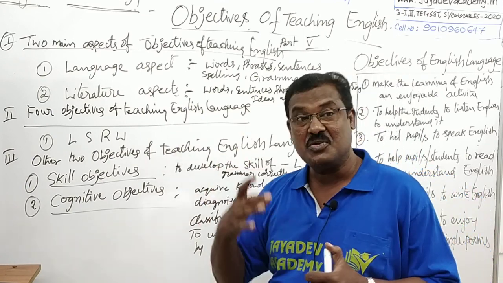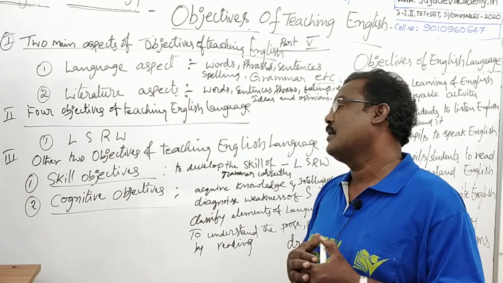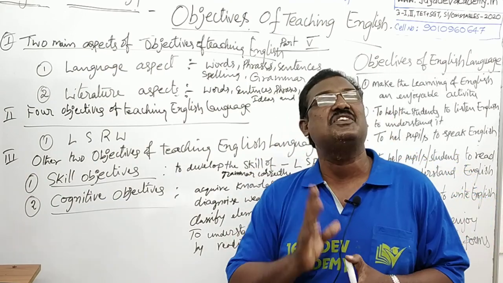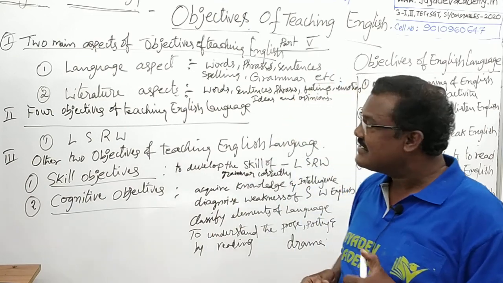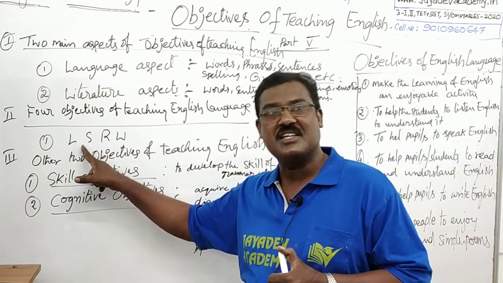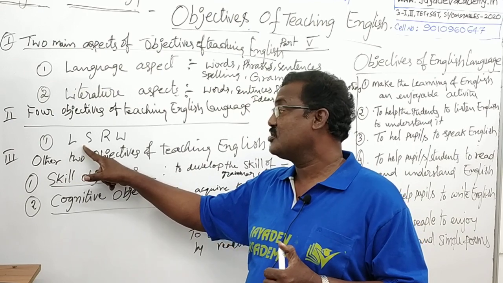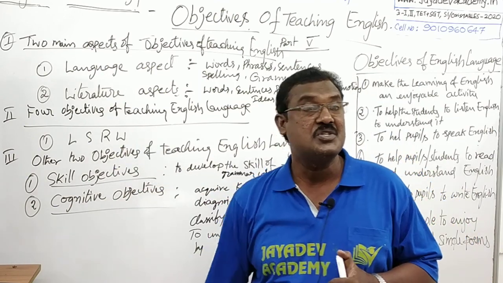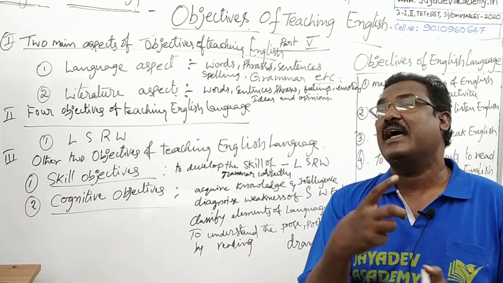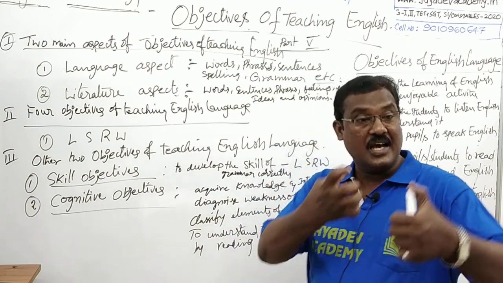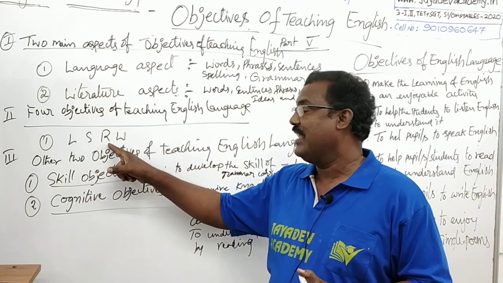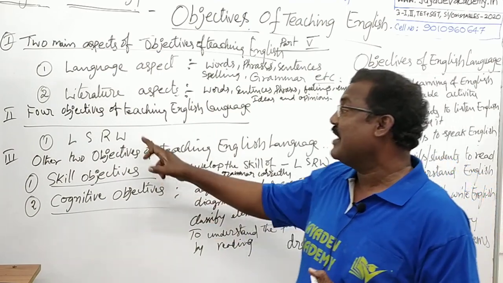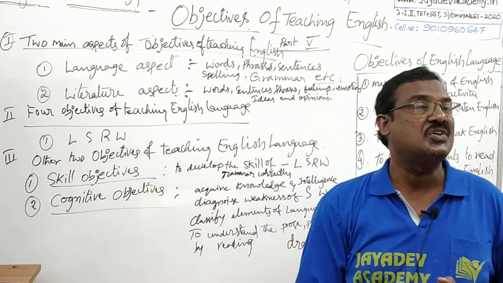Items means he should maintain proper stress, proper rhyme, proper rhythm, appropriate intonation while uttering the sentence. These are the linguistic skills a student should develop while speaking English. And reading: the student should learn how to read aloud, how to read silently, how to understand the elements of the language. And the student should be in a position to write properly by using proper punctuation marks.